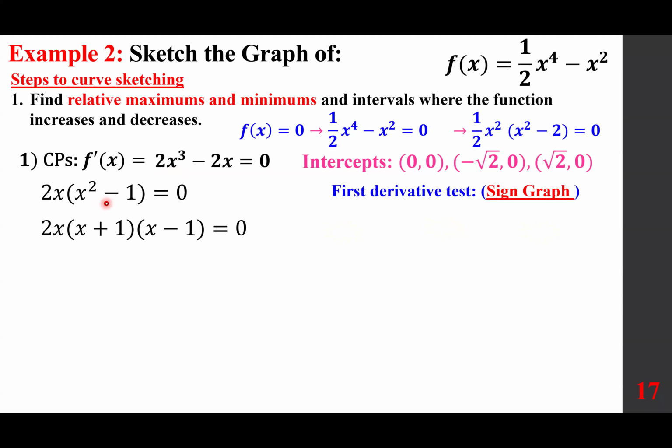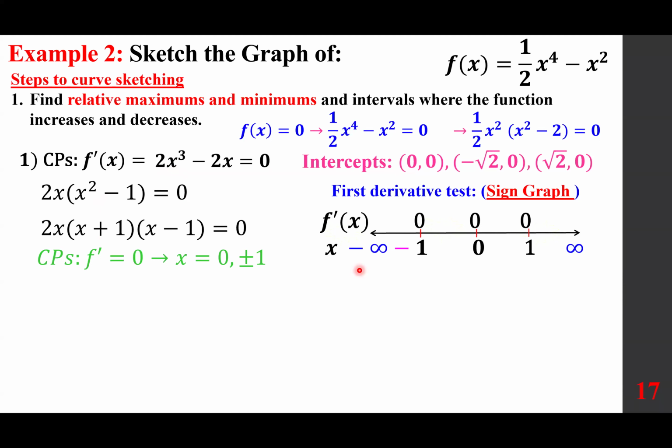So if you set that equal to 0, either x is 0 or -1 or +1. We have 3 answers. So we go with the number line. It goes from negative to positive infinity, x. Number line is for f prime of x. At -1, f prime is 0. At 0 is 0. At 1 is 0.